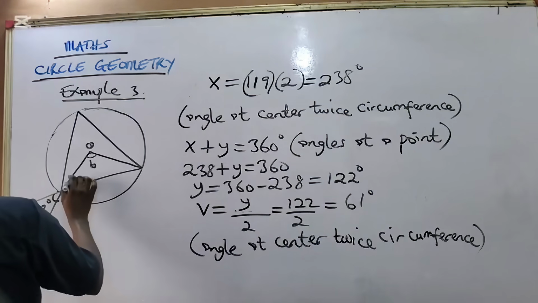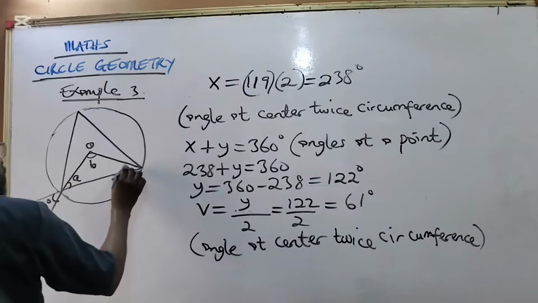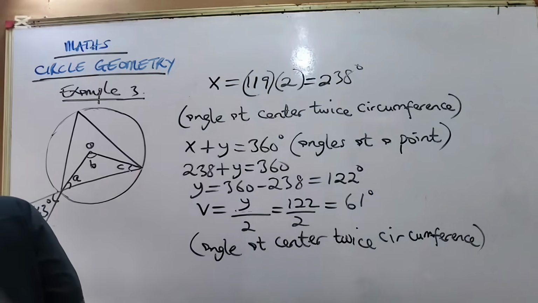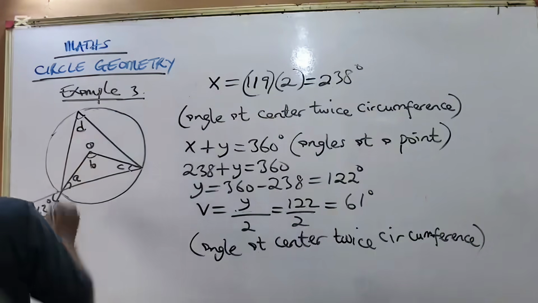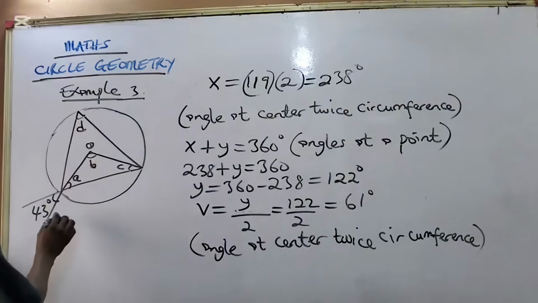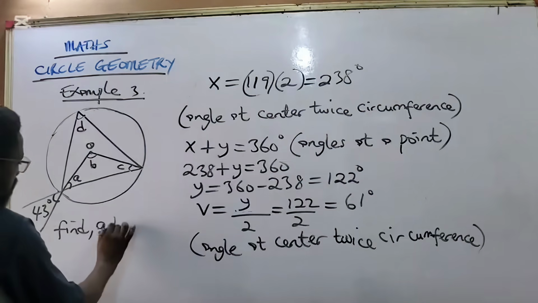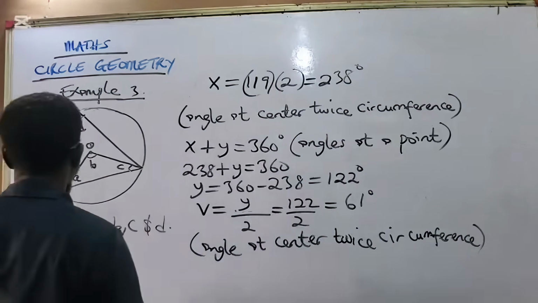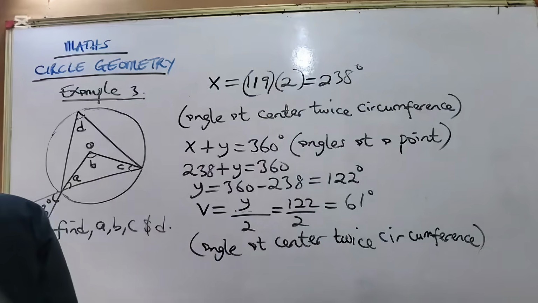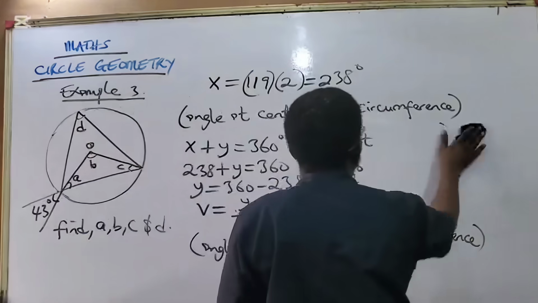Yes, A, B and C, and they will point towards D. So look for the value of what? A, B, C, and D. Find A, B, C, and what? D.